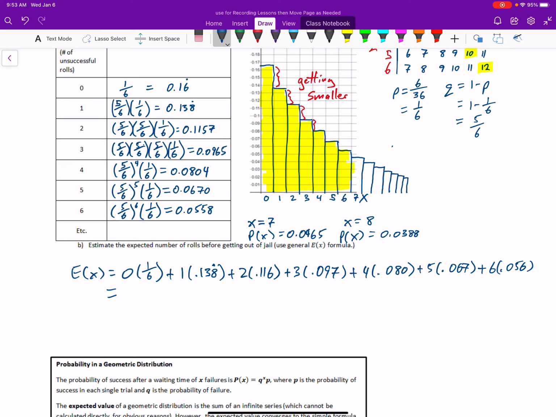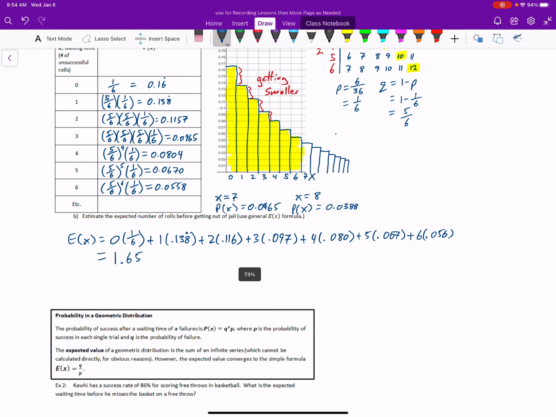I got 1.652888. But again, this is not the entire distribution because it's an infinite distribution. So definitely I should be rounding this. Maybe I'd round it to 1.7 even, because I don't know if it's going to go up or down actually. I should take that back. All right, I'll go to 2 decimal places for now. So that's my expected value.